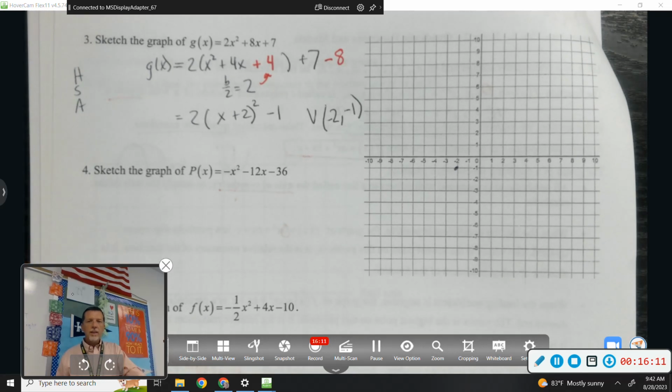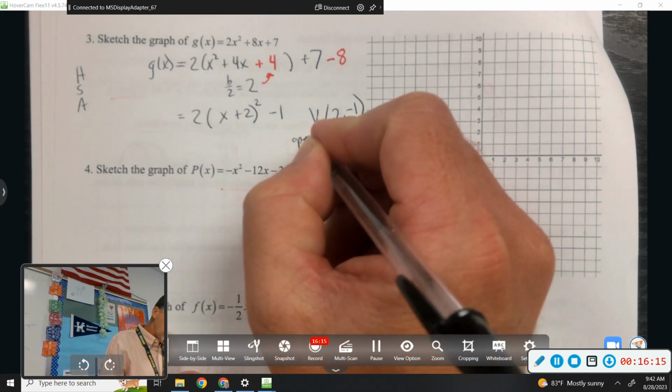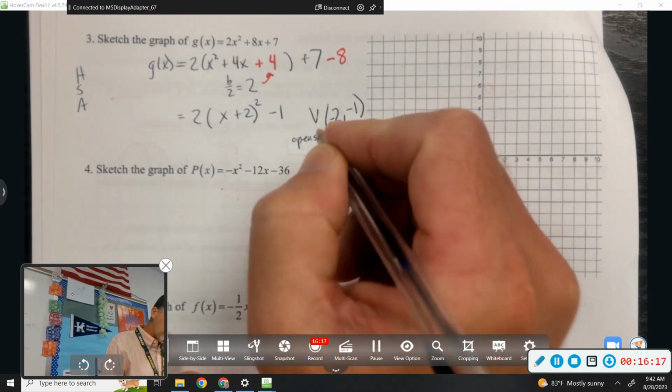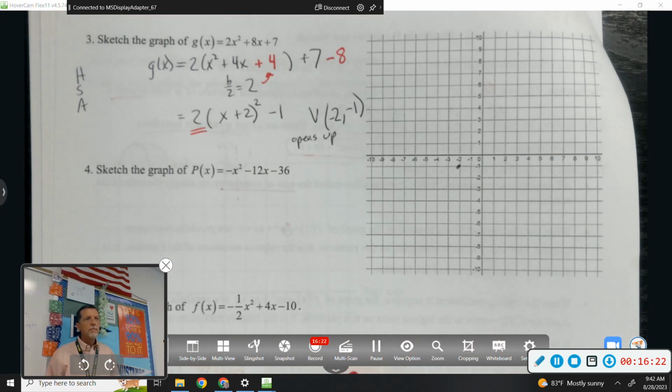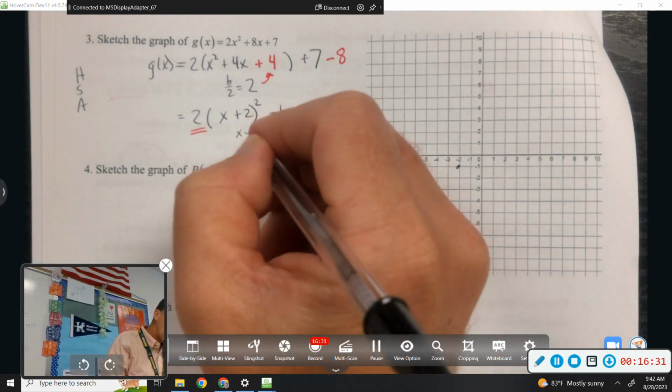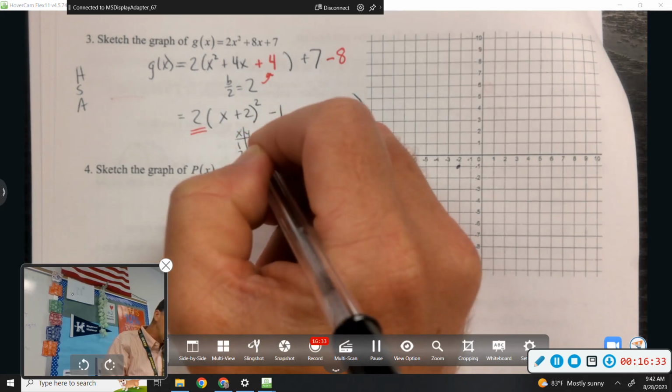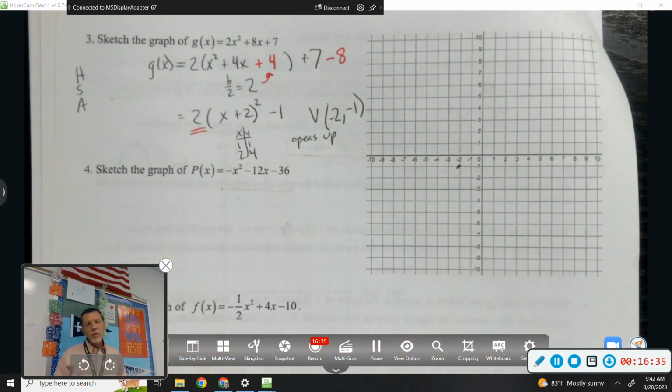And then, is it opening up or down? Opens up. Okay. What about this 2 out front? What does that do? You multiply everything by 2. I think I know what you mean. If I think about x's and y's, though, usually it's 1, 1, 2, 4. I don't think you mean multiplies everything by 2. But you multiply like the y factors. Good. We multiply the y's by 2, and that will accomplish the vertical stretch.